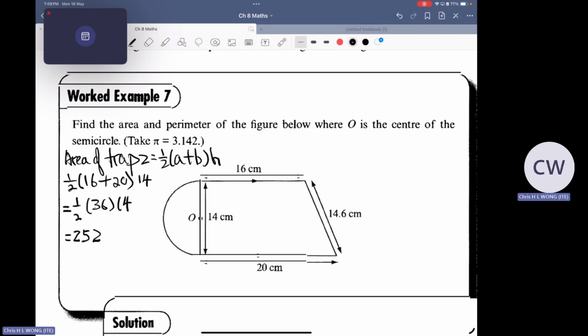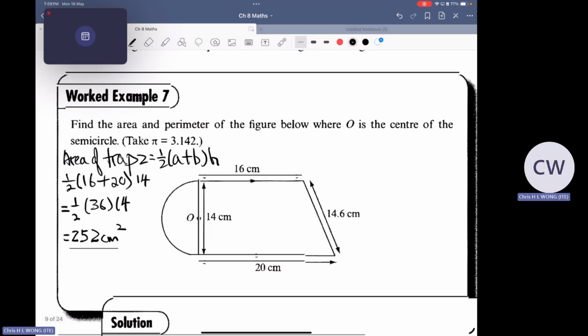If you're finding an area, it must be centimeter square. So find the area, I underline, because I need data, okay? So area done. So this is 252 cm square. Only a trapezium, but you need a semicircle, right?